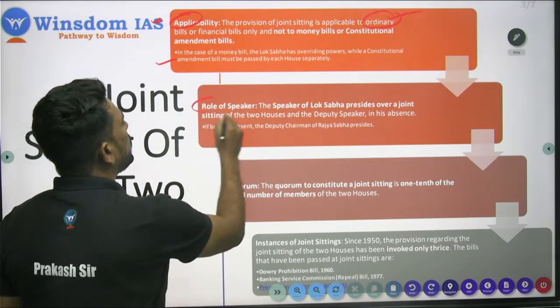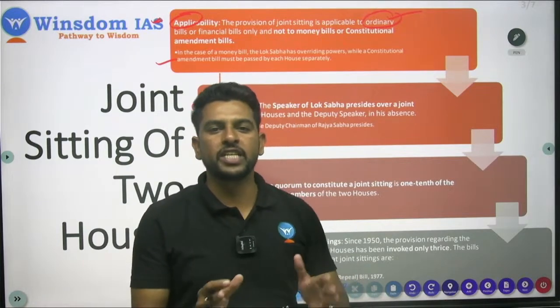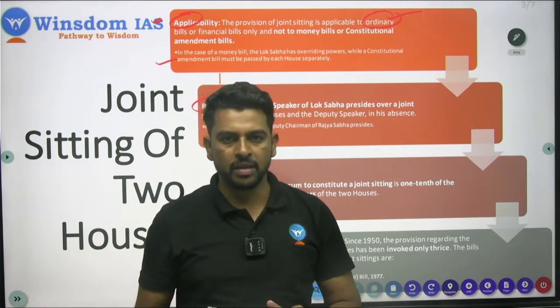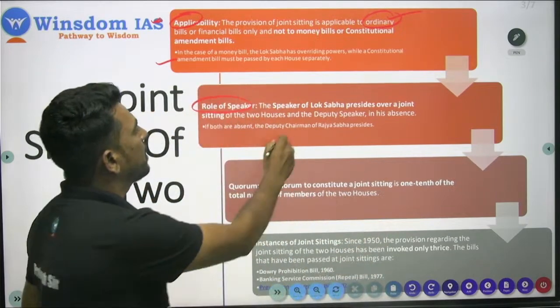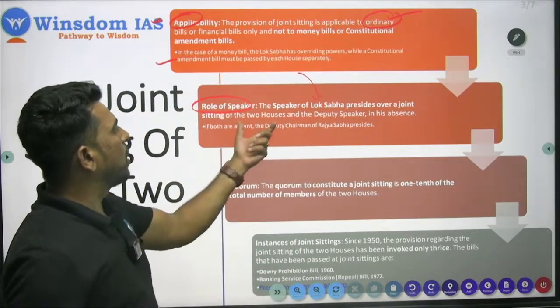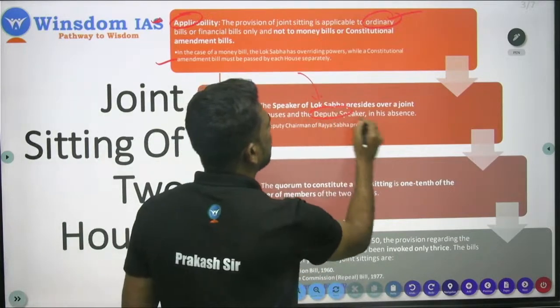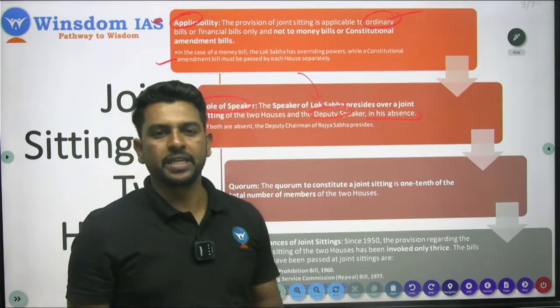Now what is the role of the Speaker? We have just discussed that the President calls for the joint sitting, but who presides over it? The Speaker of the Lok Sabha presides over the joint sitting of the two houses, and the Deputy Speaker presides in his absence, meaning when the Speaker is absent.